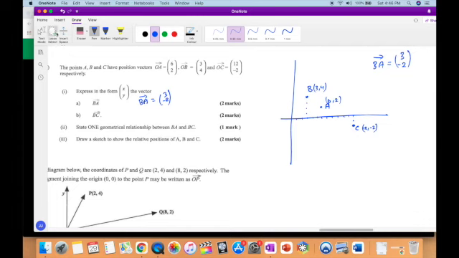Now, if you want, you could do vectors as a translation. So you know that from B to A, the point B plus some vector will give you the point A. So B, which is 3, 4, plus XY will give you the point 6, 2.